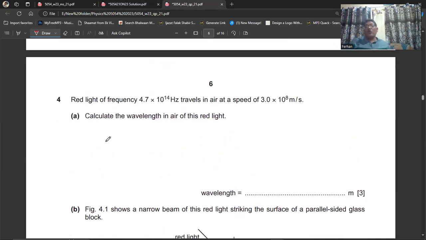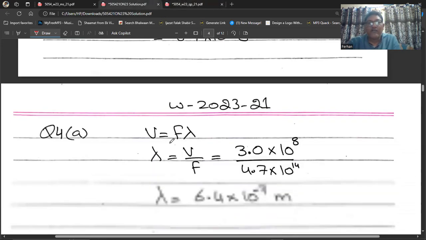That is question number 4. Red light of the frequency 4.7 x 10^14 hertz travels in air at a speed of 3 x 10^8 meter per second. A part is calculate the wavelength in air of this red light. You know that wave equation v equals f lambda, where lambda is the wavelength.